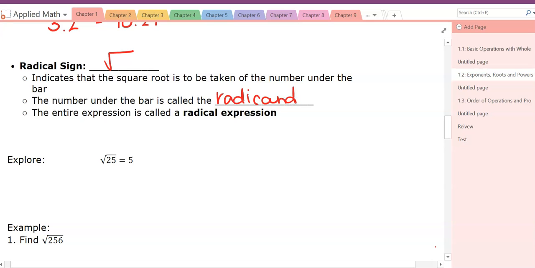So the entire expression is called a radical expression. If I look at this example here, I have the square root of 25 equals 5. So the 25 is known as the radicand, because that's underneath the square root. The square root sign then would be called the radical sign.